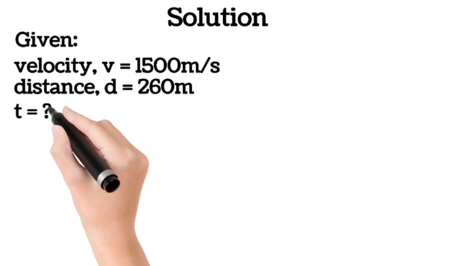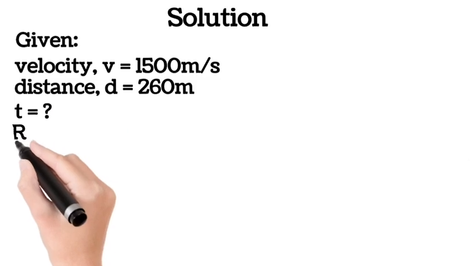We are given distance, which is small d, as 260 meters. You can see through water to an ocean bed 260 meters deep. So we are given d as 260 meters, and we are asked to find time. You say, what is the time interval? So we have to find time.